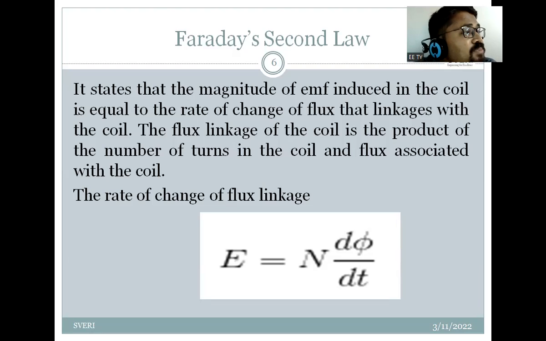So in this particular Faraday's second law, what is the magnitude of that induced EMF, that is given by Faraday's second law. Did you understand? That's why the induced EMF word is very important. Why? Because on which parameter its value depends, that is given by Faraday's second law. Did everyone understand? What is the difference between Faraday's first law and Faraday's second law?